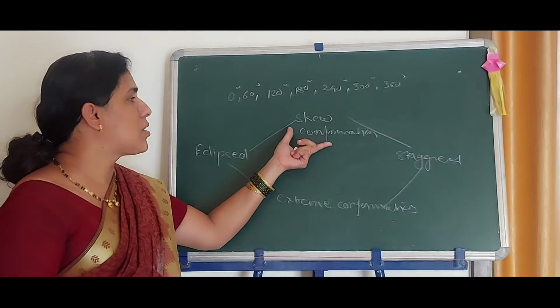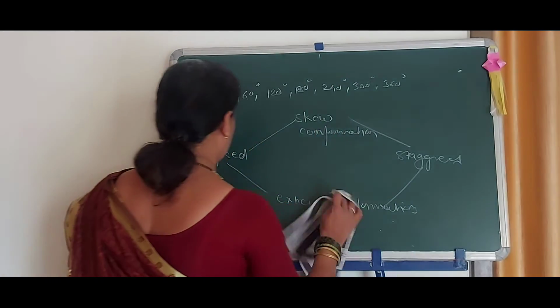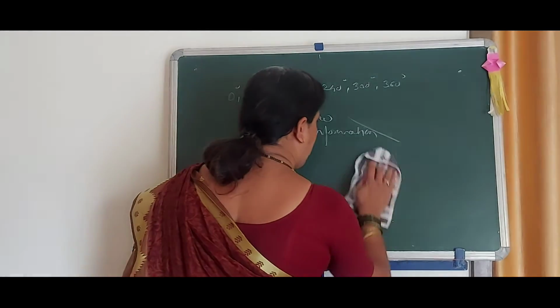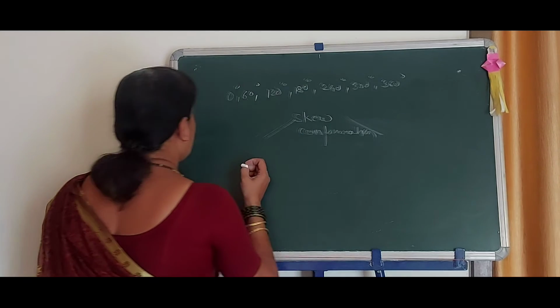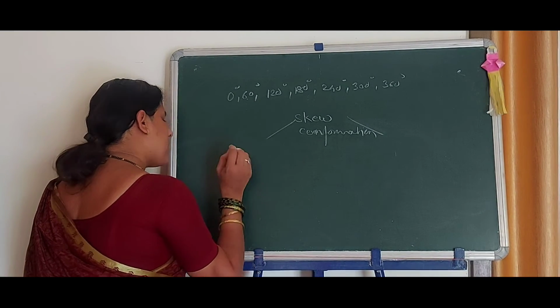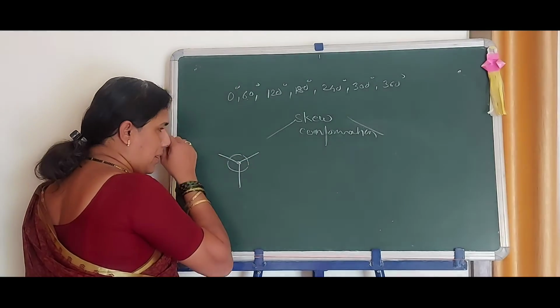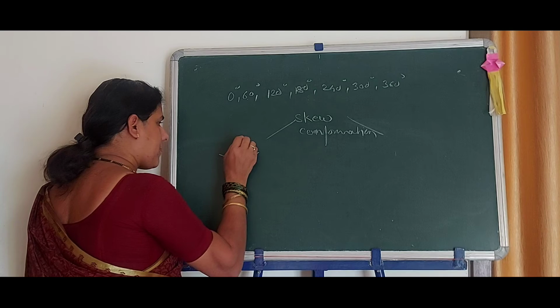Now what is the skew conformation of, for example, ethane? We have considered here, I can draw the diagram for ethane conformation using Newman's projection formula.